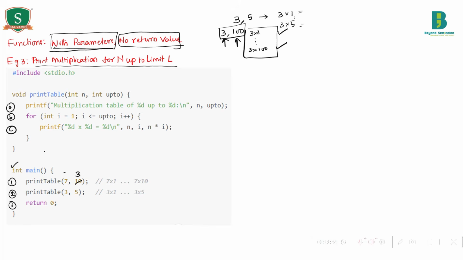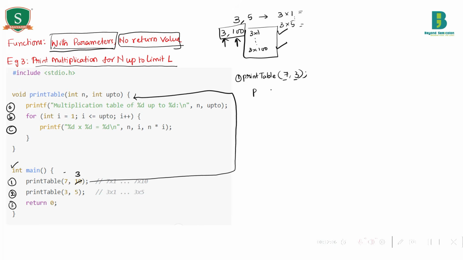Int main, it starts with int main. The first statement is print table 7 comma 3. Here carefully observe, we are passing 2 values, 7 and 3, to the function. After the first statement, what happens? It goes to the function directly, and print table is the name of the function.